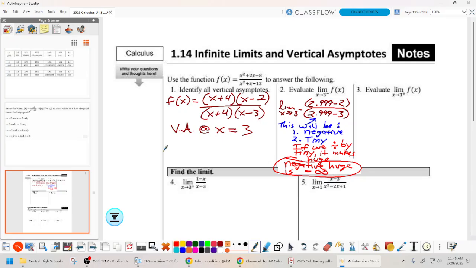Okay? So what is this coming into 3 from the left? What does it look like? It's diving. It's going really big negative. Okay? So it's diving down to the left. Okay, and then from the right, what are we going to pick to use?